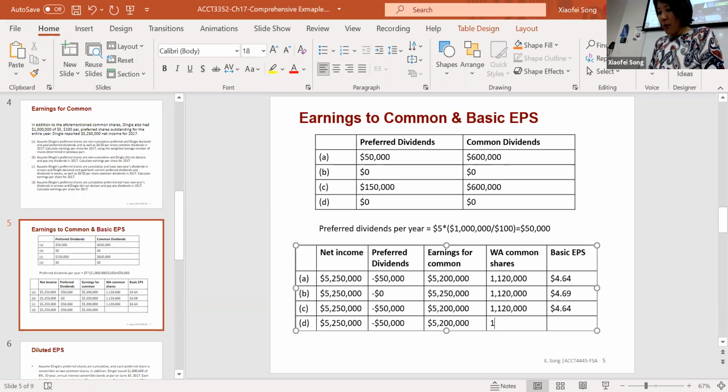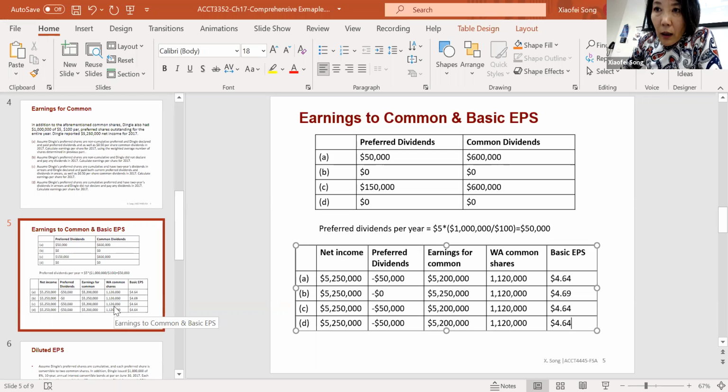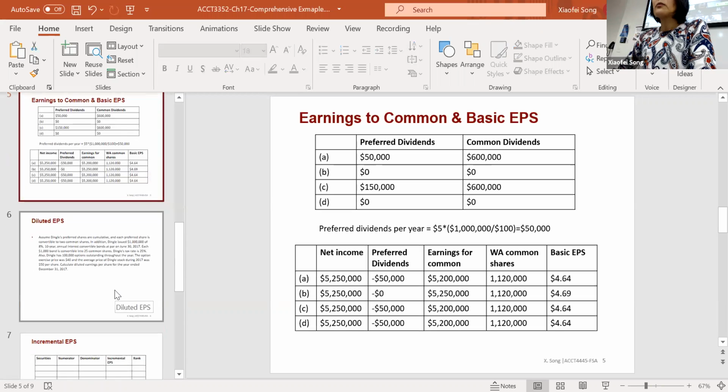Each year you subtract 1 year of dividend. That's it. And so it doesn't affect earnings per share. Questions?